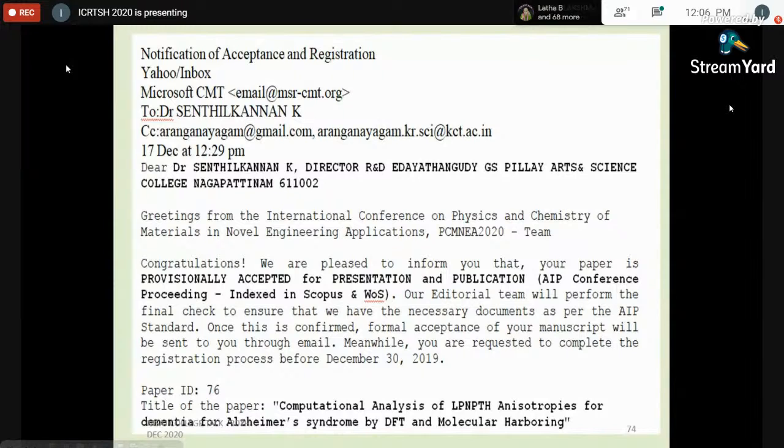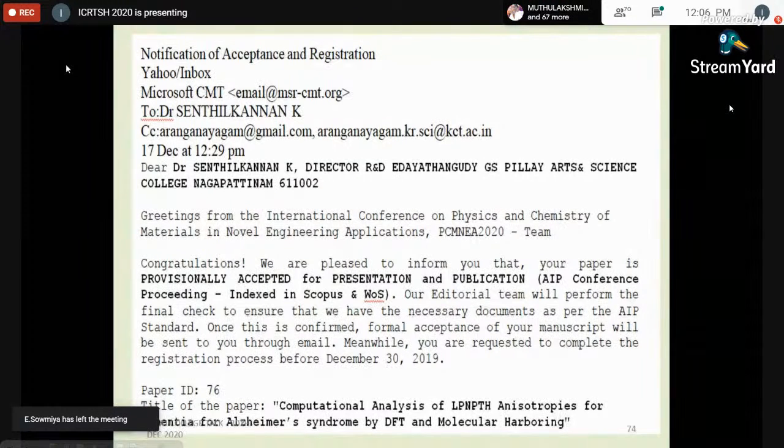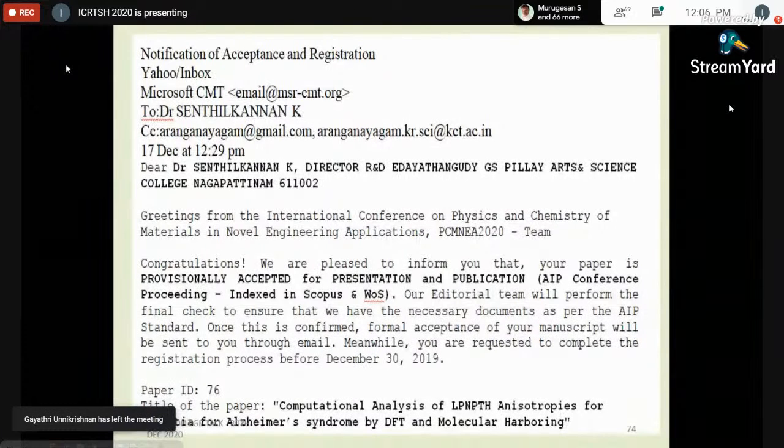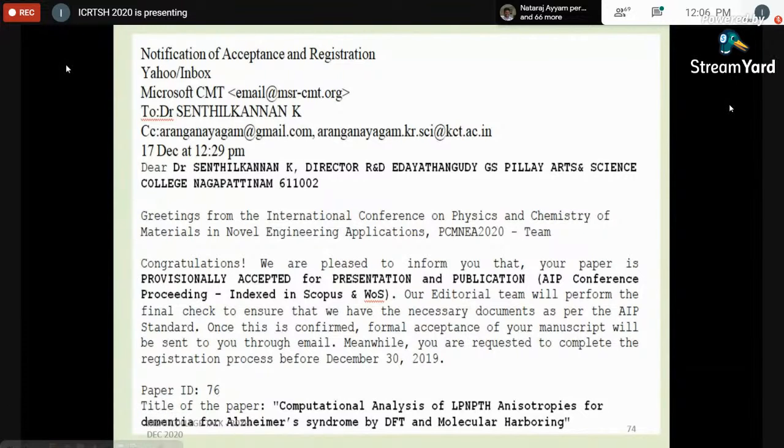Previous things we can recollect, present things we can recollect. So for affected people, especially aged people, they can be given particular materials like LP and PD gauge, from which we are identifying that it can be cured. So this is the molecular docking process to identify the effective nature against Alzheimer's syndrome using the LP and PD gauge. Next slide, please.